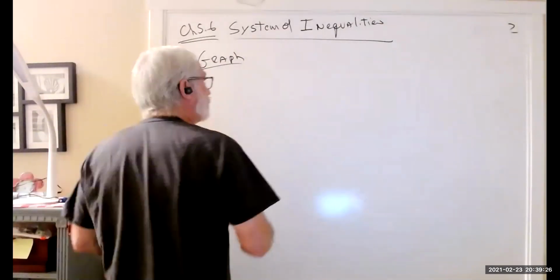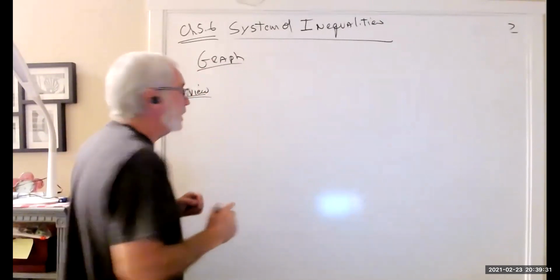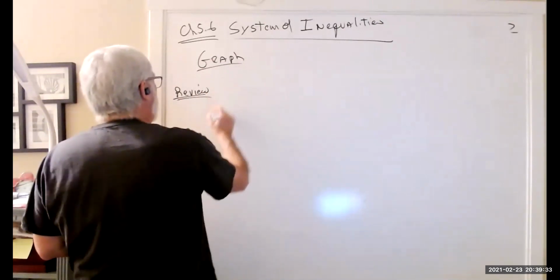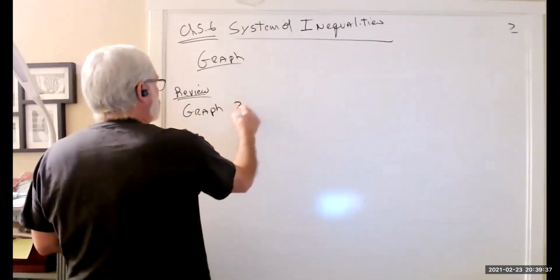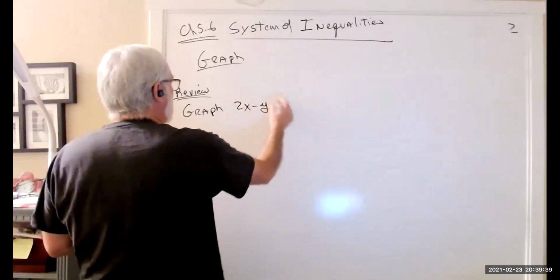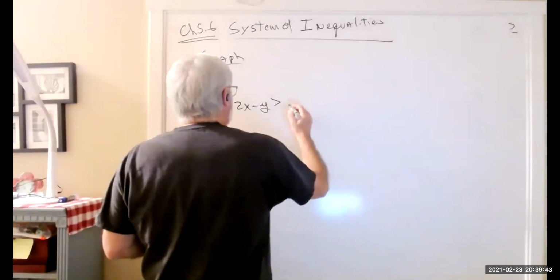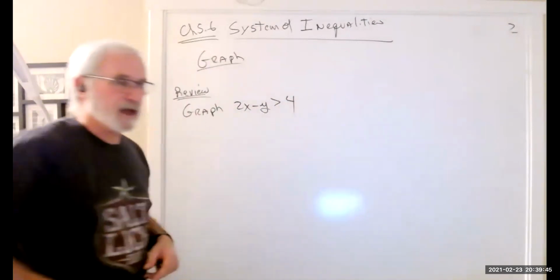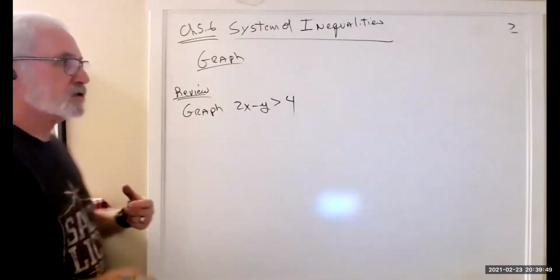Okay, back in chapter 4, which is going to be on our Thursday quiz, we would graph this. I could say graph 2x minus y greater than, I don't know, 4, something like that. Now, we had all kinds of discussion.